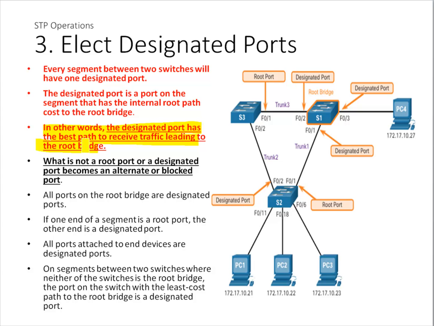So come to our example. This is our root bridge, which we already selected. Then the root ports: this is the root port and this is the root port. Now we have to select the designated port. The designated port is a port on the segment that has the internal root path cost to the root bridge.